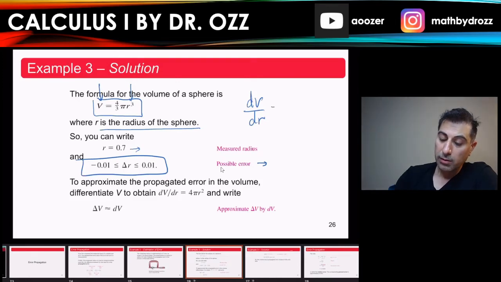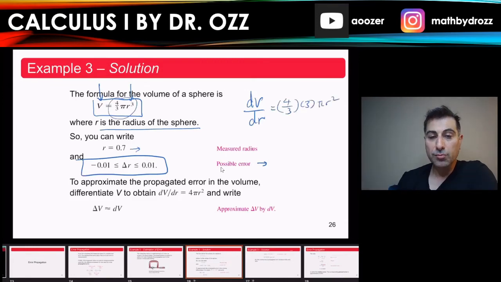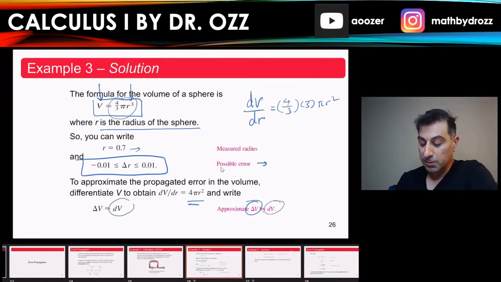We take the derivative by using the power rule: 4 over 3 times 3 pi r squared, which gives 4 pi r squared. Our goal is to approximate delta V, which is the actual change, and we use dV as the approximated change.